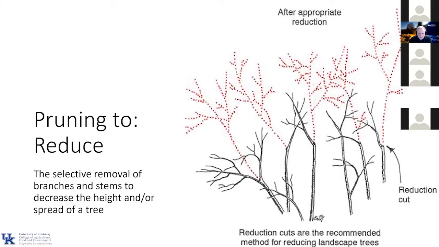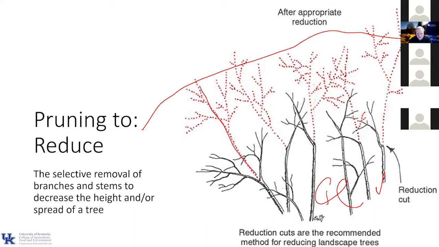Here's a little bit more of a diagram on just pruning to reduce. Once again, reduction cuts are the recommended method for your landscape trees in most situations. But you'll notice something here. This is the outside of a tree here. Most reduction cuts are not made to the interior of the tree. Most reduction cuts happen here.